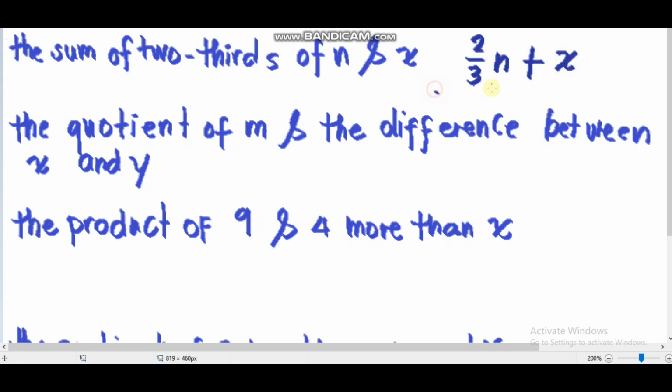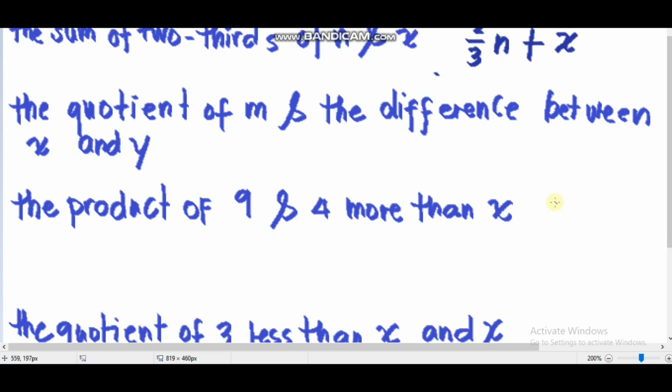So 2/3 n plus x. How about this one? The quotient of m and the difference between x and y. Quotient means division, so m over the difference between x and y. So you are going to subtract x and y. So this is the answer.